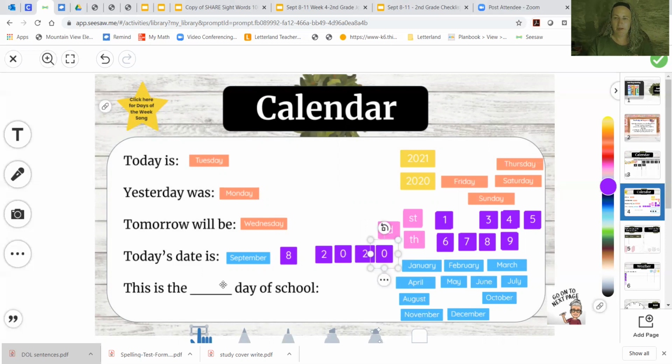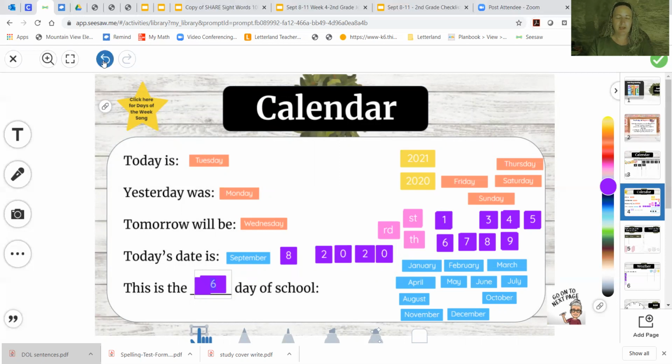And how many days have we been to school? This is the blank day of school. I think. Oh, it's the 16th. So I'm going to do 1, 6, and it's the 16th. Ooh, the 1 covered up by the 6.